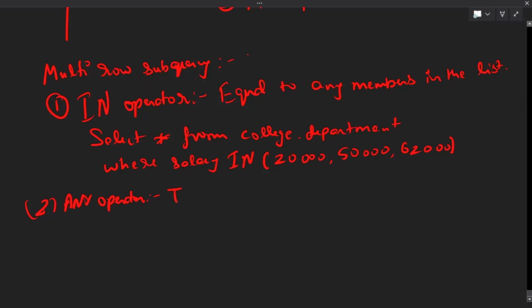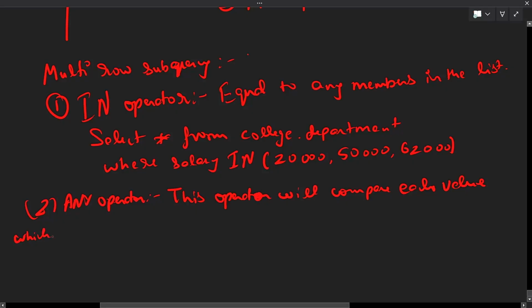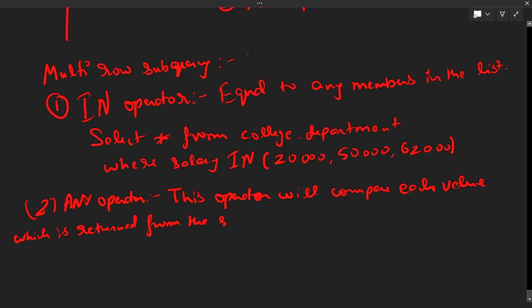The any operator will compare each value which is returned from the subquery with the main query variable, right? If it doesn't make any sense, I will show you.